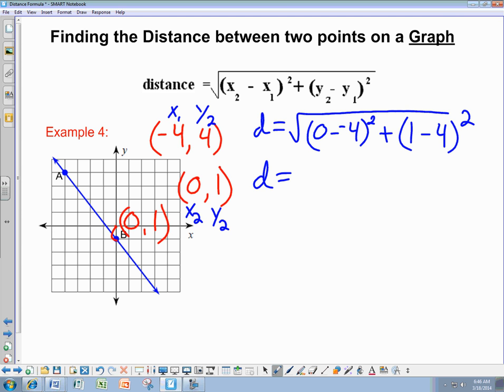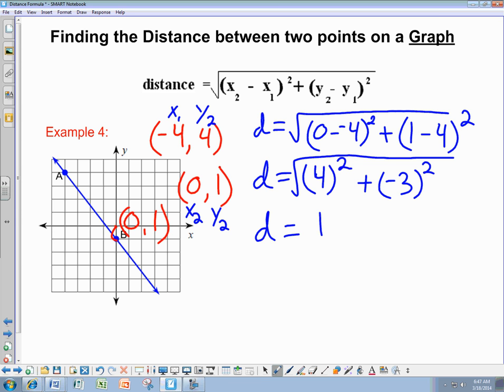And now 0 minus a negative would be positive 4 squared. 1 minus 4 is negative 3 squared. All right, so 4 squared is 16.